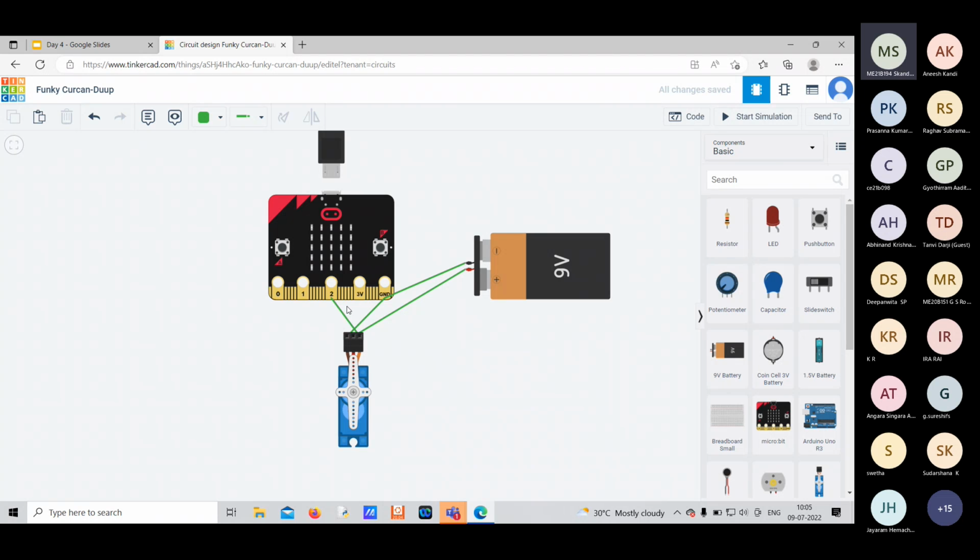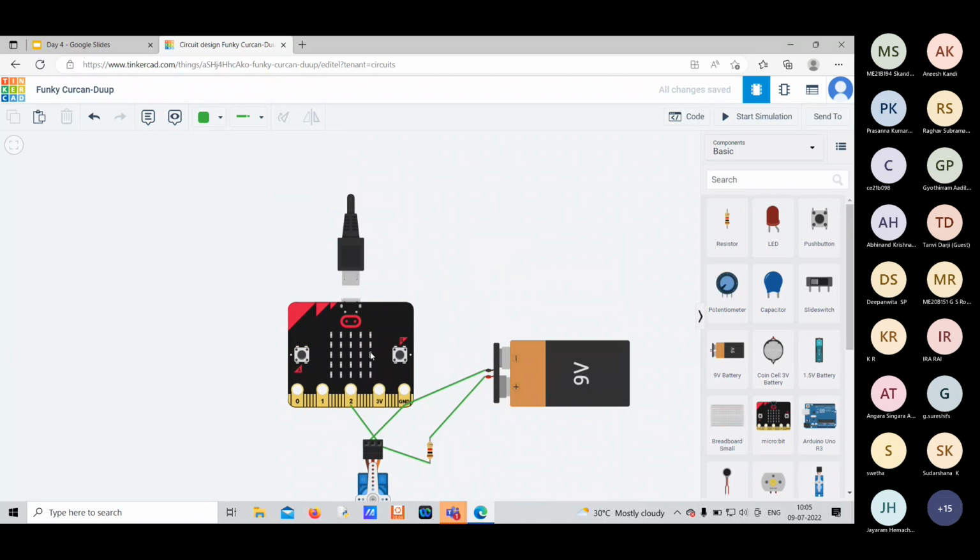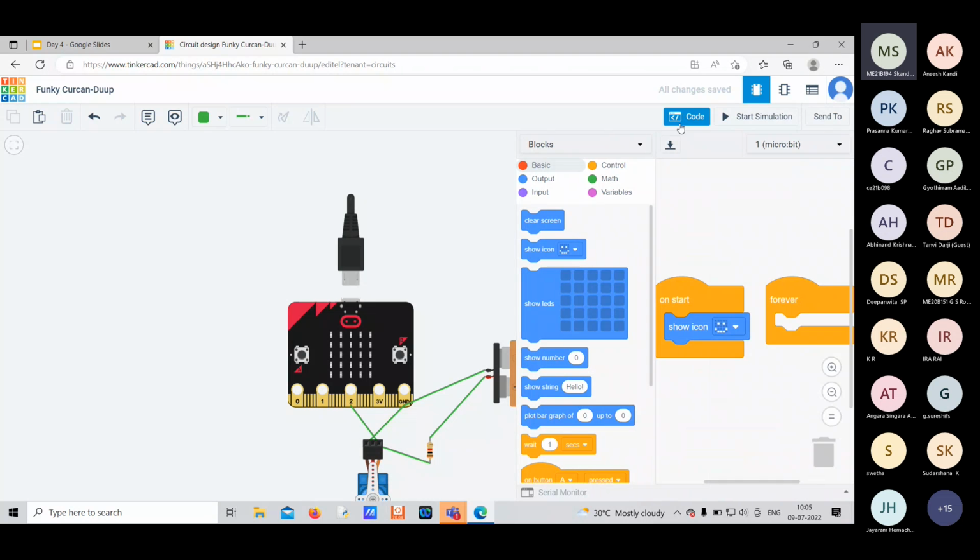I don't think it does if we use a resistor in between. So let's move on to the code.